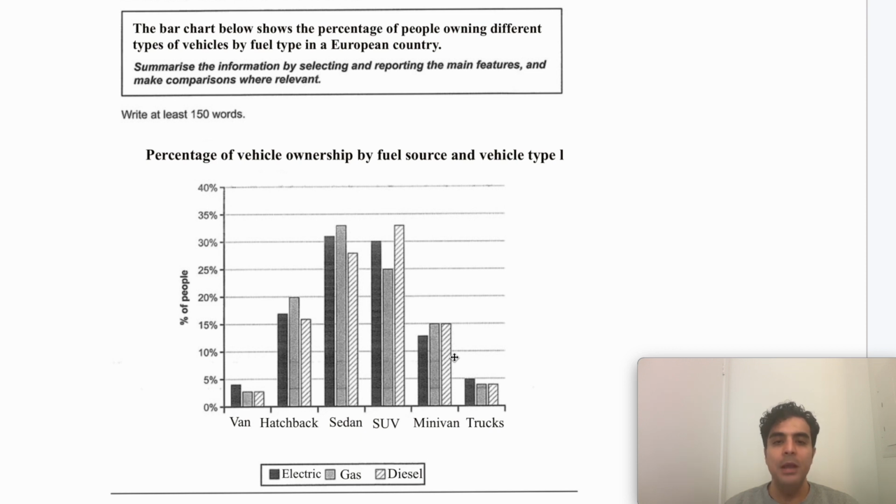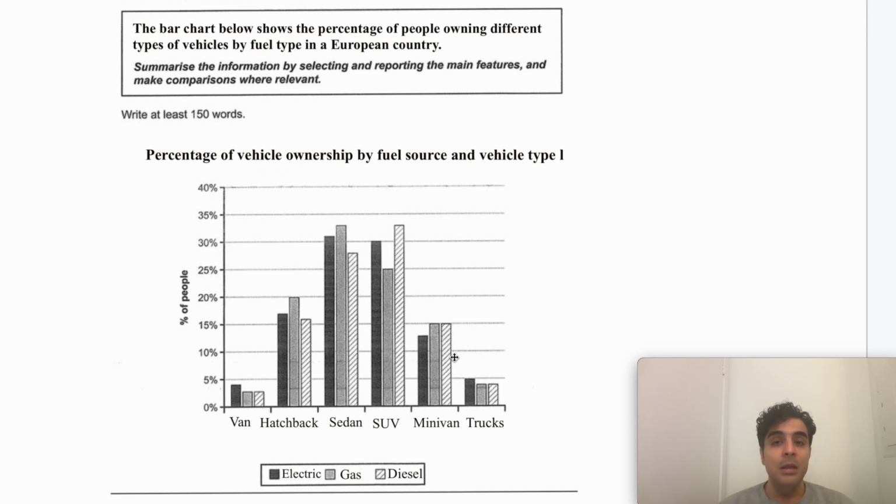For example, if you look closely, you'll see that the percentage of electric, gas, and diesel vehicles was greatest in the sedan category. That is, more people in this European country tended to own a sedan vehicle regardless of whether it was electric, gas, or diesel. In fact, there is an exception, and that is diesel, right? So there were more people owning diesel fueled SUVs compared to diesel fuel sedans.